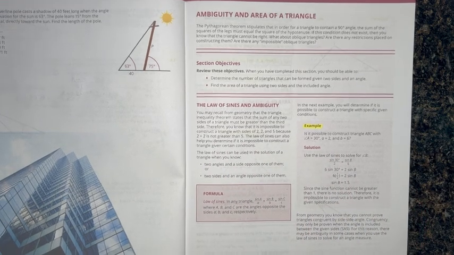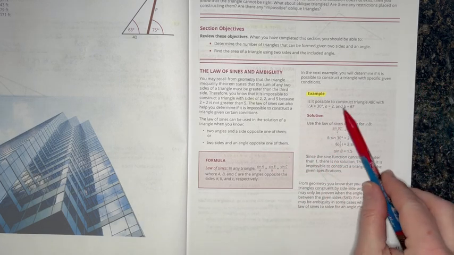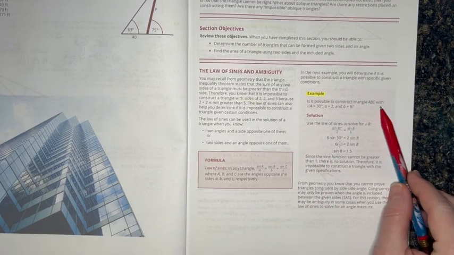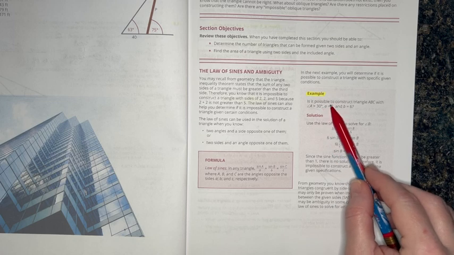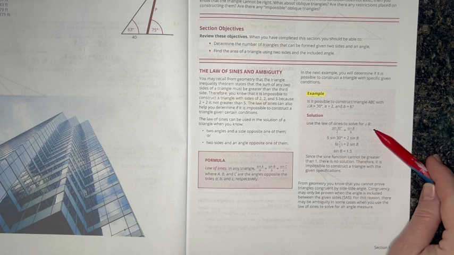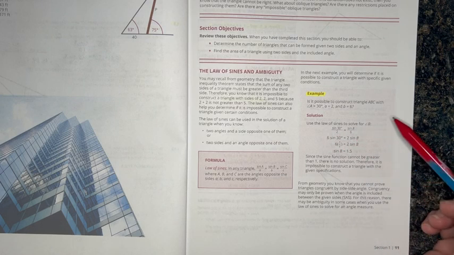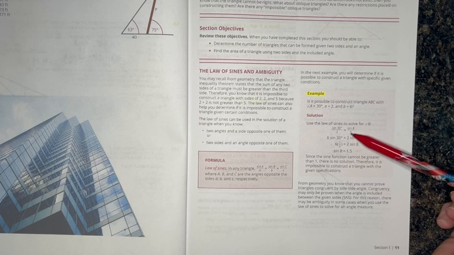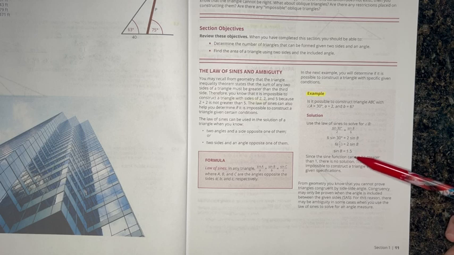So let's take a look at example 11. Is it possible to construct a triangle ABC with angle A equals 30 degrees, side a equals 2, and side b equals 6? Use the law of sines to solve for angle B. Now, they set it up like normal, cross multiplied, and it tells us that the sine of B is equal to 1.5.